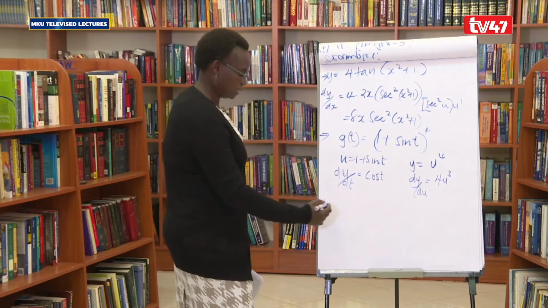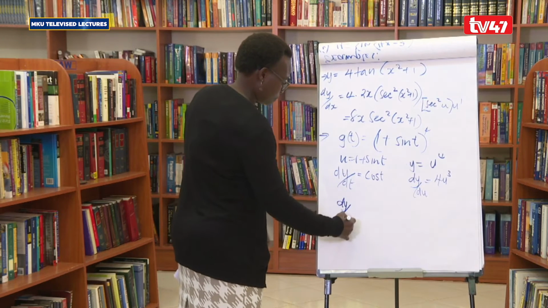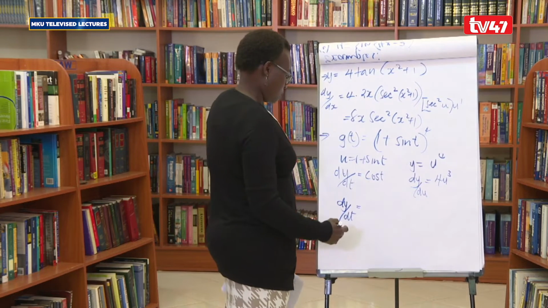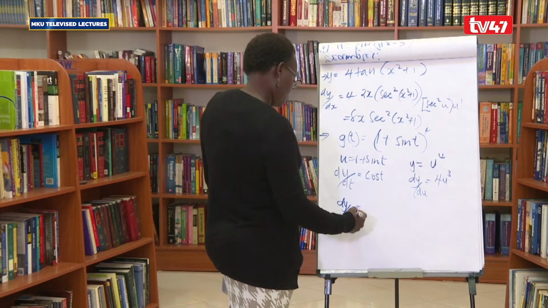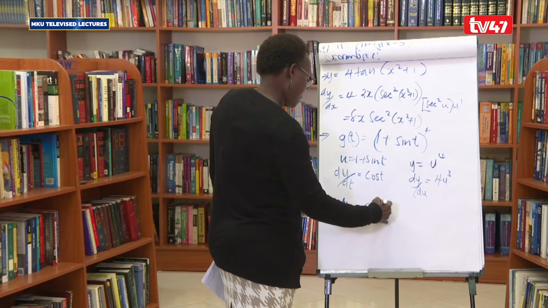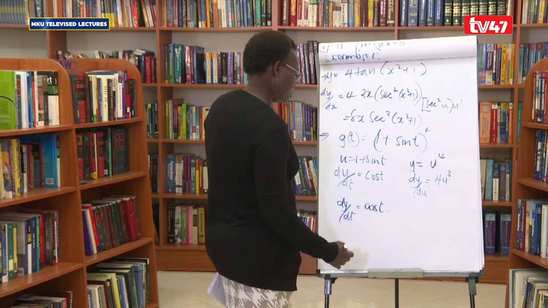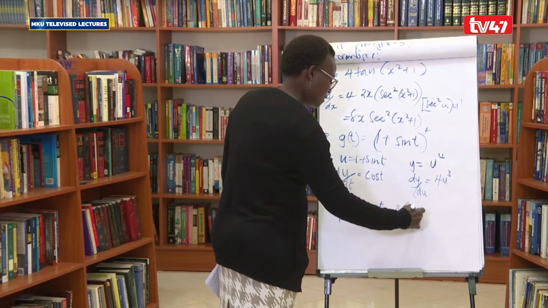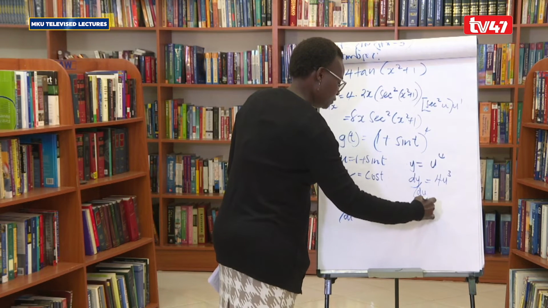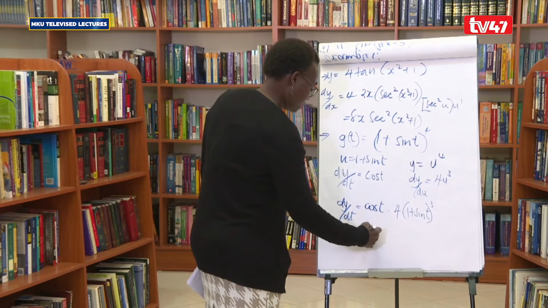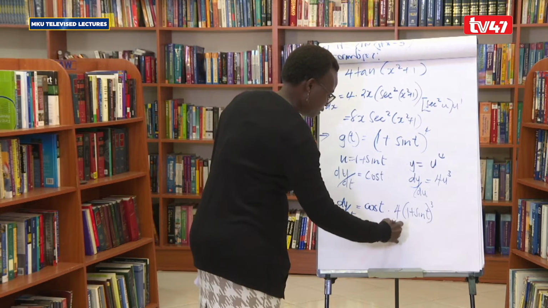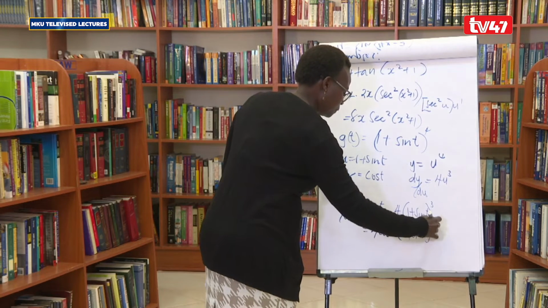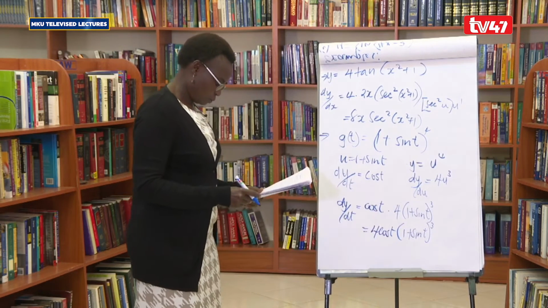So dy over dt gives us cos t multiplied by 4 u cubed, where u is 1 plus sine t. So our answer is 4 cos t into 1 plus sine t, cubed.